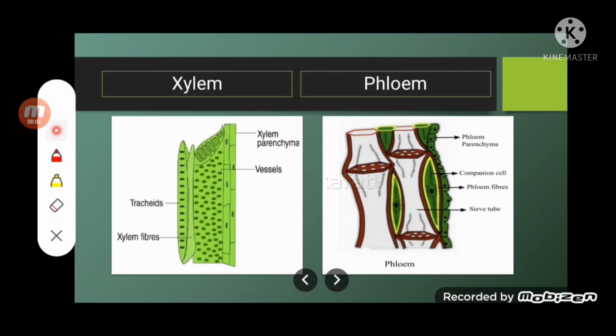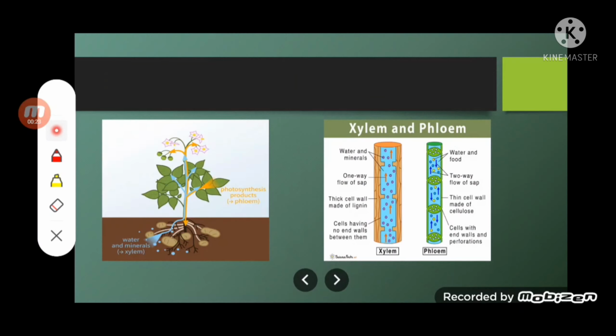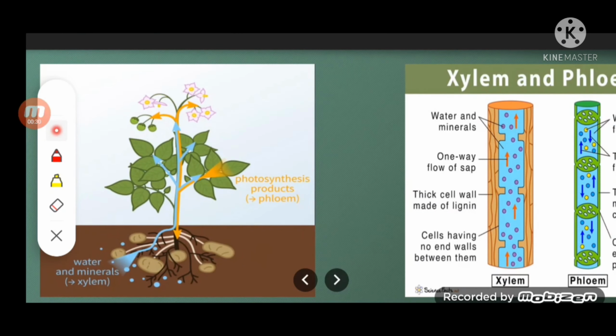When the xylem and phloem group together, they form a vascular bundle, which is associated with the function of conduction, as you know. The arrangement of these vascular bundles is always different in roots and stems, and may be different in different kinds of plants. Now, as we have discussed, the function of xylem is to conduct water.